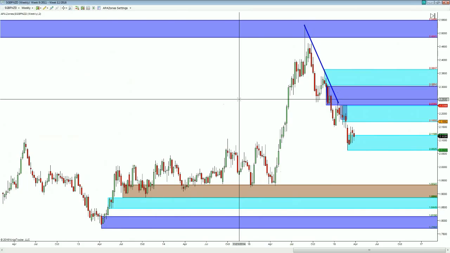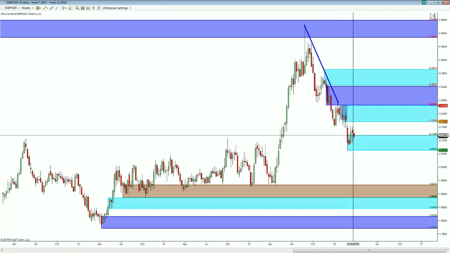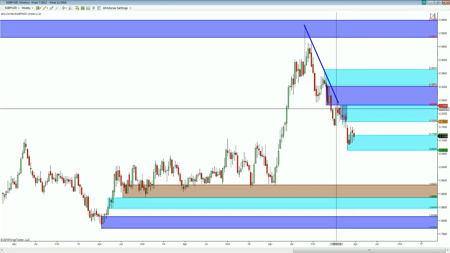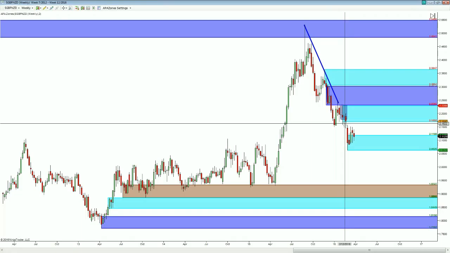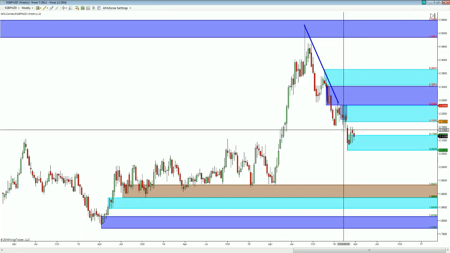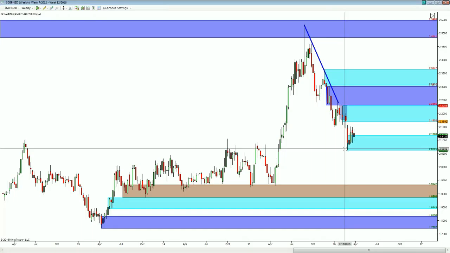Yeah. Here we are on the pound New Zealand, and as you can see, this thing's been a nice downtrend as well. Prior to the most recent move, we were talking about this pair chopping down. It was down and choppy, but still moving down, making new lows on the weekly bars. And we got an expansion move from this fresh supply zone.